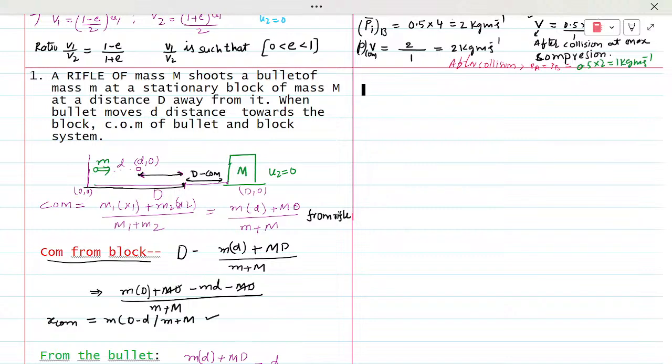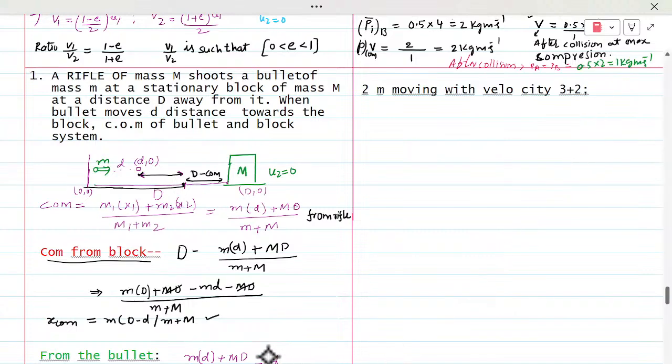So for suppose, let's take another question, number 2. A particle of mass m is moving with a velocity 3i cap plus 2j cap.